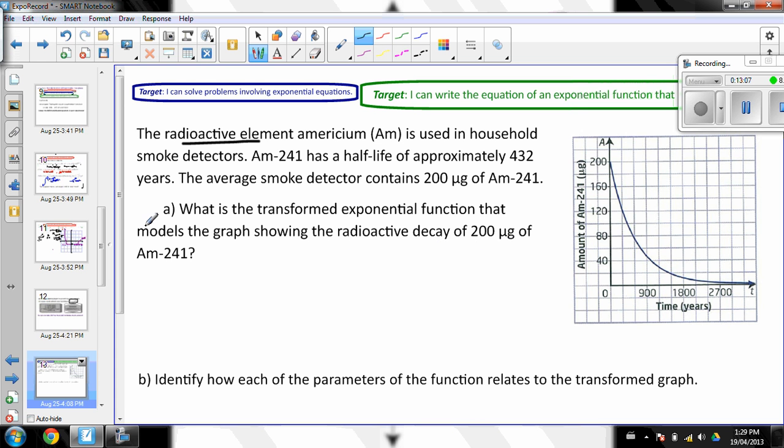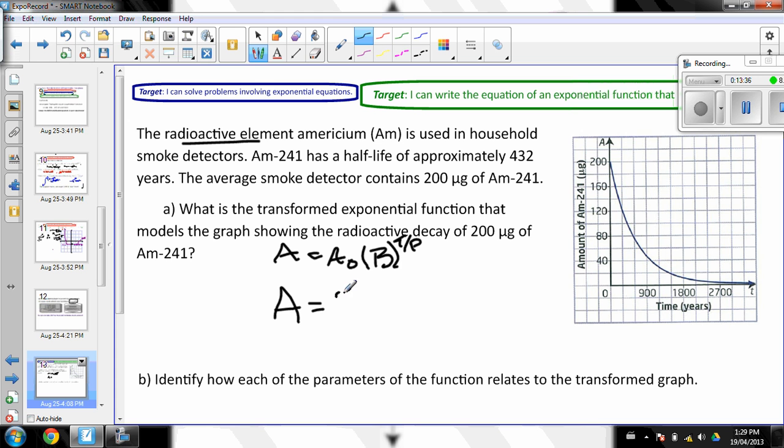Okay, so we have our basic formula, A equals A naught times B to the power of T over P. So my A is my future amount. That's what I want to model. So I'm going to say A, because that's what I want to model, equals A naught is our original amount.